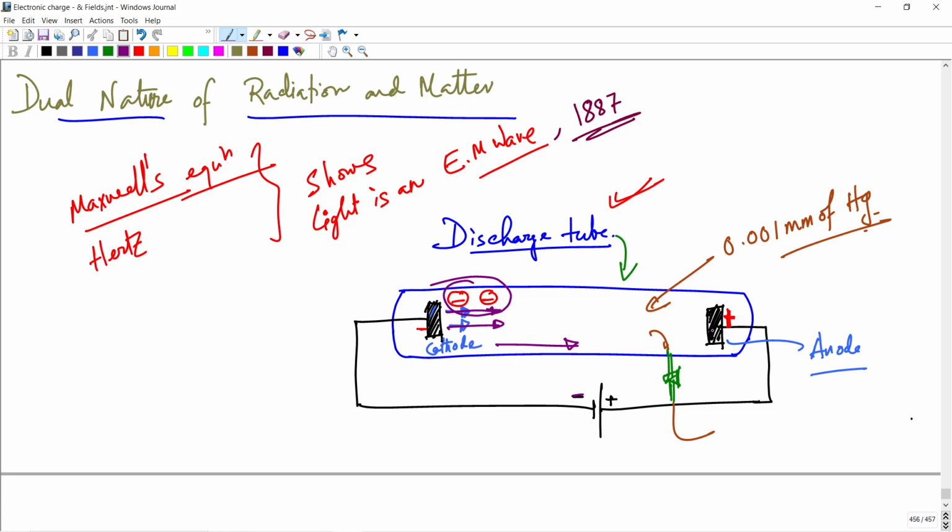So that's the electricity. We discuss the discharge tube and the photoelectric effect in a later portion of this chapter. So here is just a basic idea of what a discharge tube looks like, and that electricity was investigated with the help of this discharge tube concept. Later classes we discuss in detail what a discharge tube is.